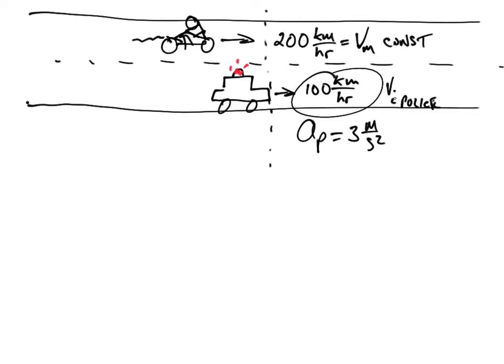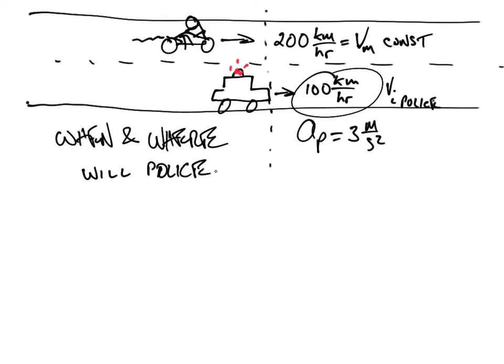In other words, the motorcycle neither speeds up or slows down. Question: when and where will the police catch the motorcycle?